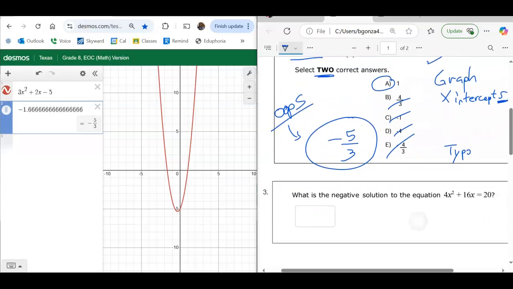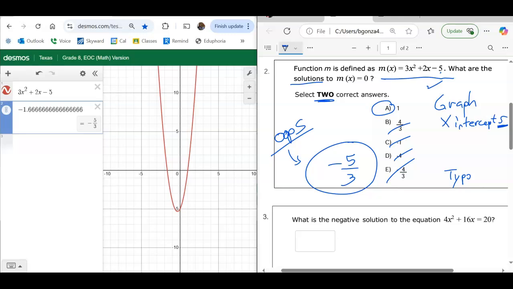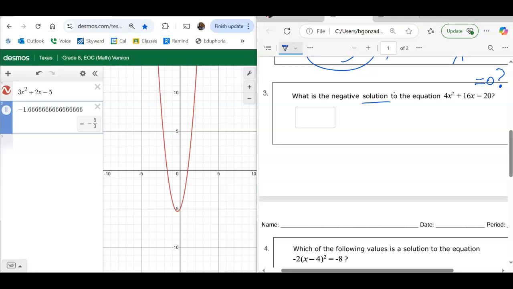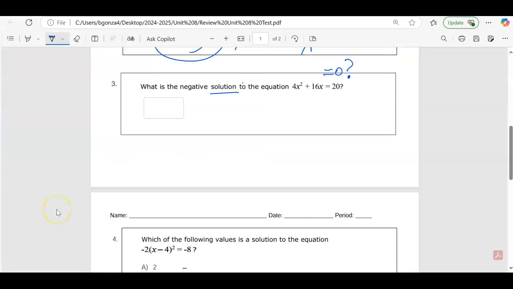All right. Number 3. We should be able to find solutions of an equation, but to find a solution, it has to equal 0, right? So does this equal 0? No. So to get it equal to 0, what do we got to do?